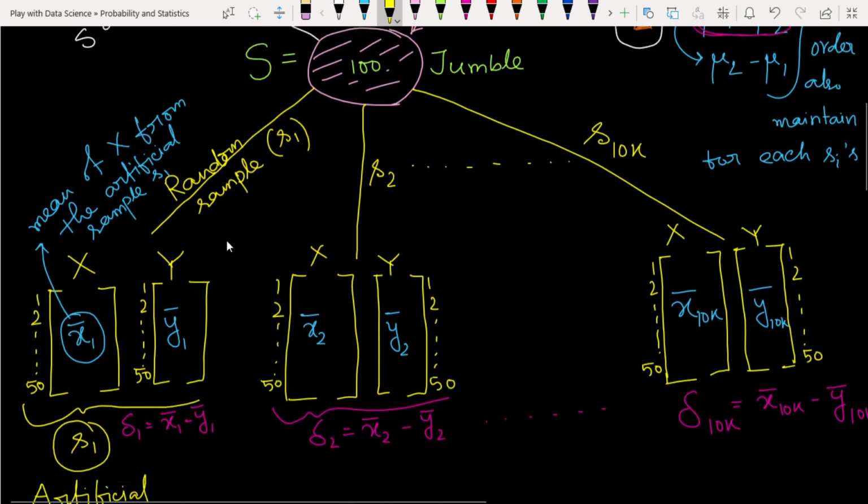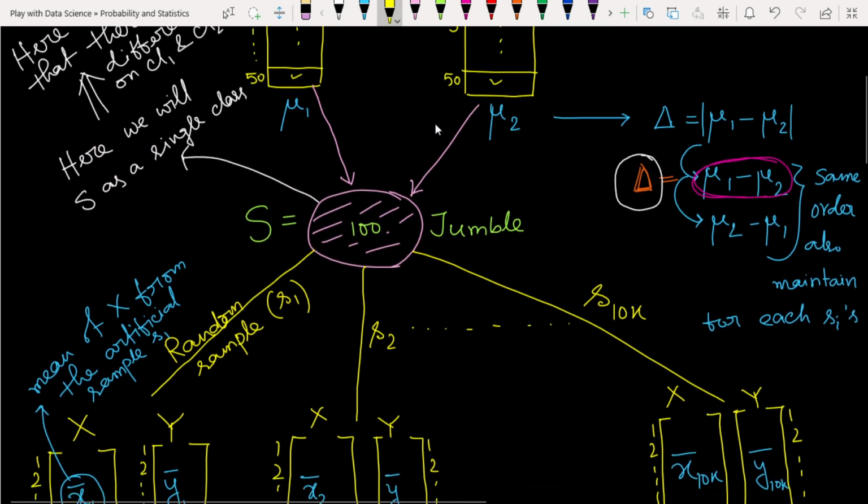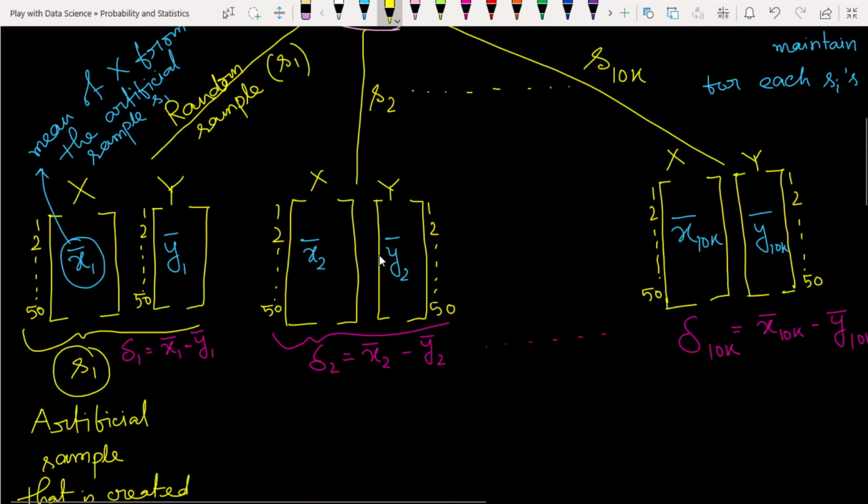The same job applies to each artificial sample.